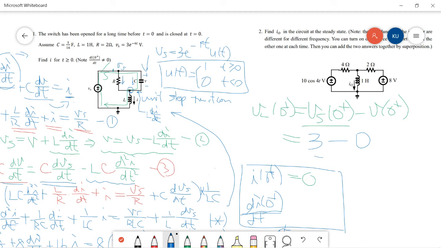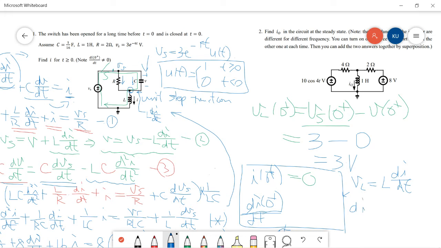So it will become 3 times 3, actually 3 volt. And in this case, we can use VL equals L di dt to determine the initial condition for di dt 0.